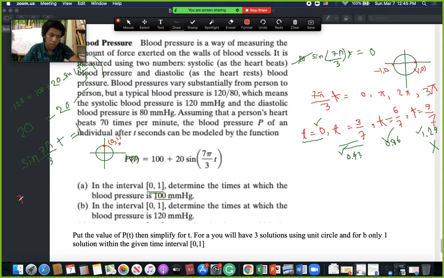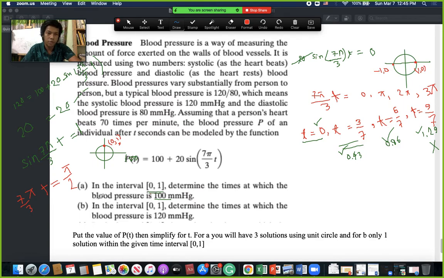So ultimately we have 7 pi by 3 t equals pi by 2. Now you can ask, sir, why are you not writing more values? Because when we write another one, 2 pi plus pi by 2, it will go beyond our limit.